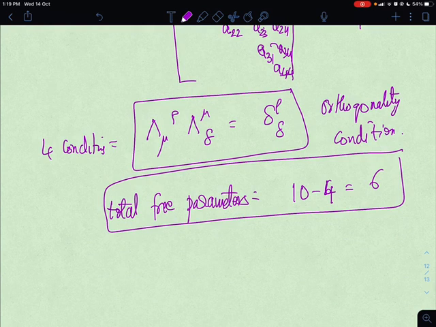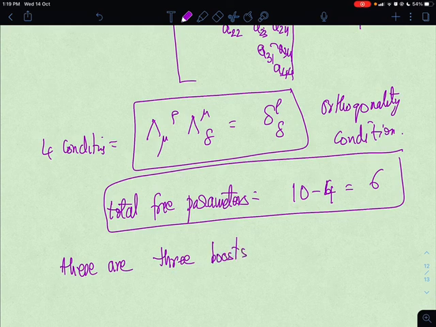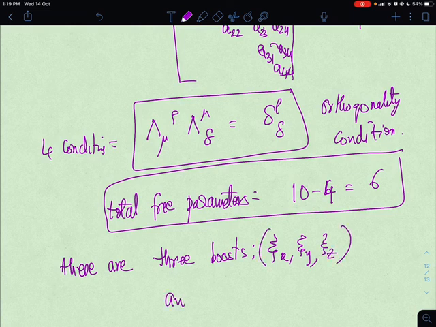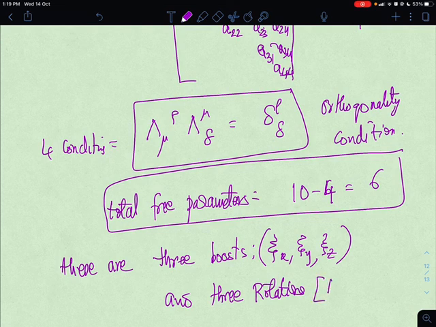And what are these 6 parameters? These are 3 boosts, which we have seen, xi x, xi y, xi z, and 3 rotations, theta, psi, phi.